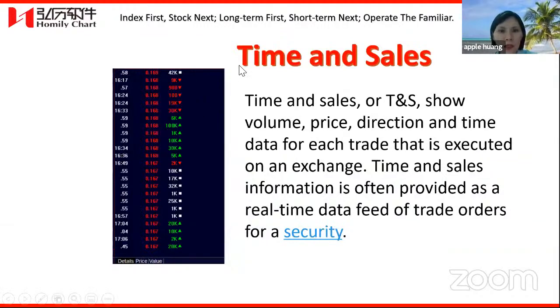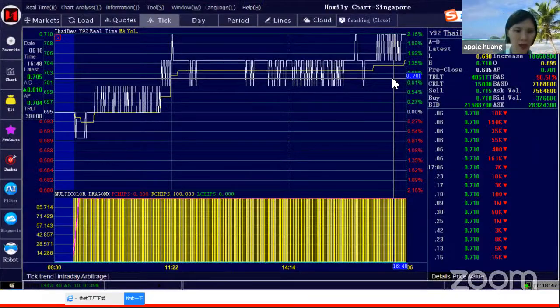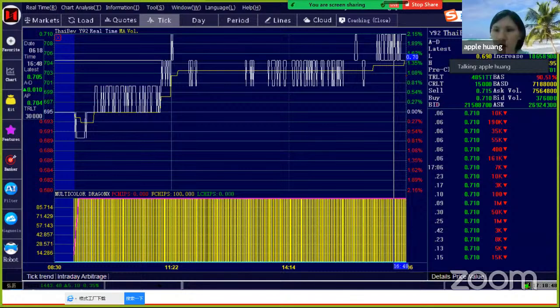Okay, so now I talk about the time and scale. Where's the time and scale? Here. You can get the time and scale at this area.